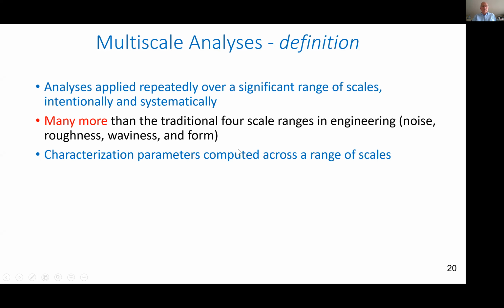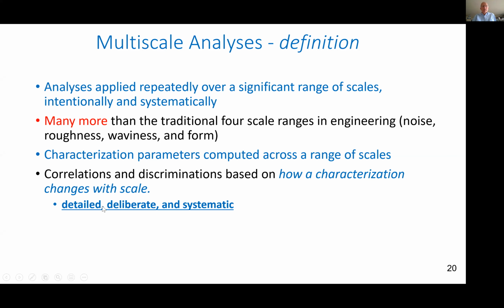We need characterization parameters that are computed across a range of scales. And then we need to do correlations and discriminations based on scale. So the multiscale characterization changes with scale in a deliberate, detailed, systematic way. And then we're going to do scale-based discrimination or scale-based correlations. And I'll show you some examples in a moment.